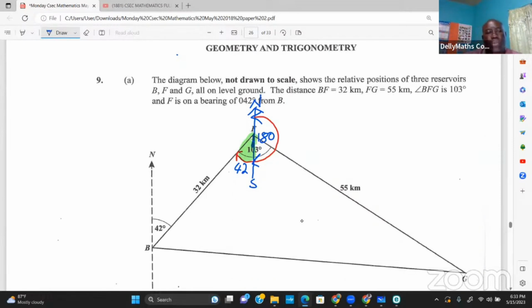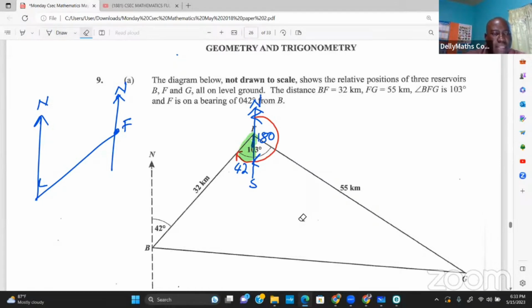Now, what if you never saw that? Then what we could do is this. Let me just show you something at the side here. Method 2. Another method we could do to find that bearing. You would have had here B, F. You do know that the north lines are parallel to each other. This is 42. It's very important.